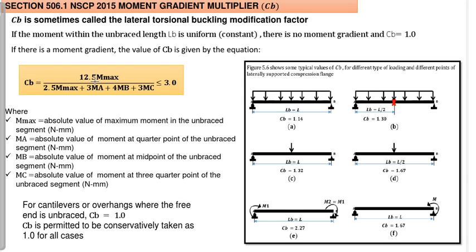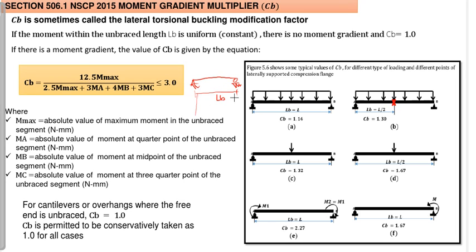Okay? So, for us to have a moment gradient, say we have here a simply supported beam, and this will be our LB. So for us to have a moment gradient, say our bending moment within this unbraced length is not uniform.